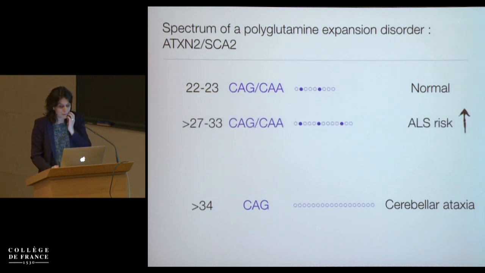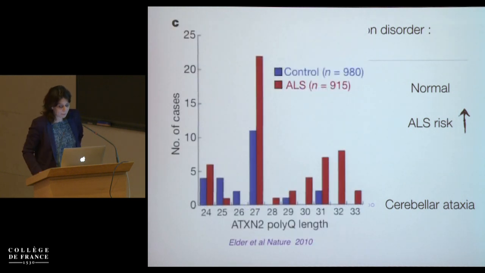It was shown that if you have still normal, still interrupted with the CAA, but a bit larger than what you expect, usually 22, your risk to have a motor neuron disease later in life is a lot larger. And this was a paper of this group in Nature in 2010, who wanted to look at the relationship between TDP43 and ataxin-2.